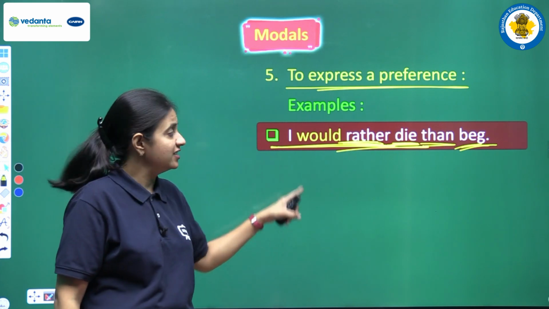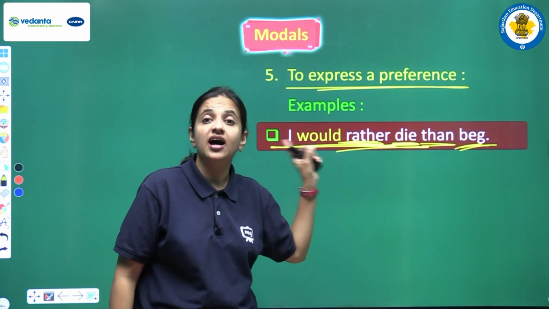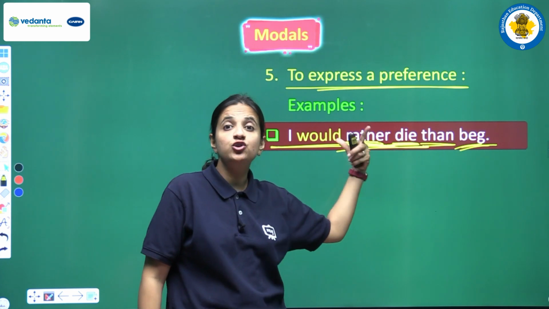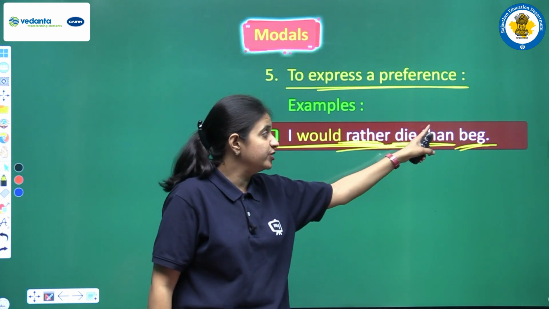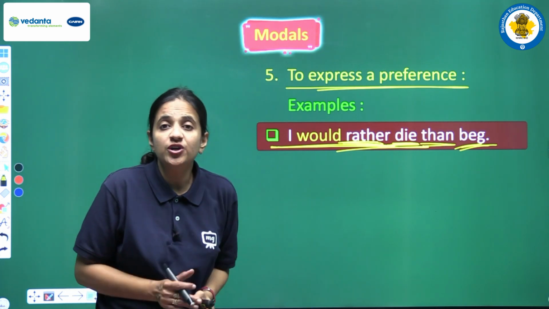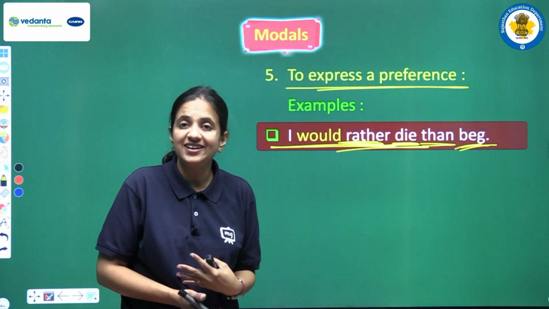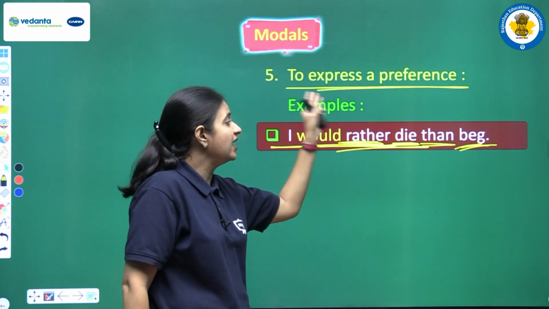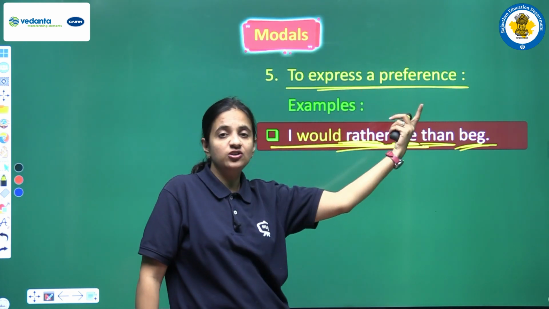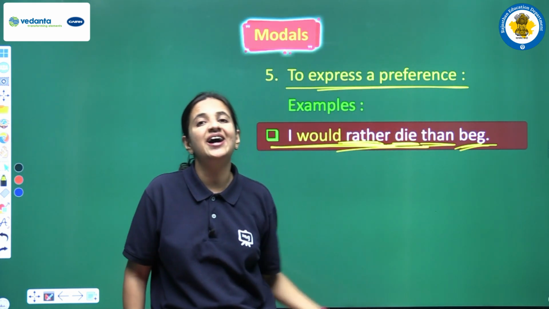In such sentences, would always comes with rather, and then we write the option that we are choosing, then use than, and then write the option that we are leaving, that we are not choosing. So this is the structure, and in this structure we can use would just to express, to show our preference, our priority.